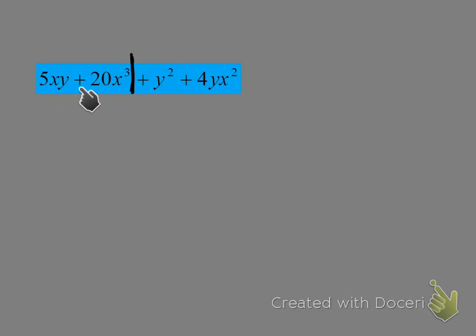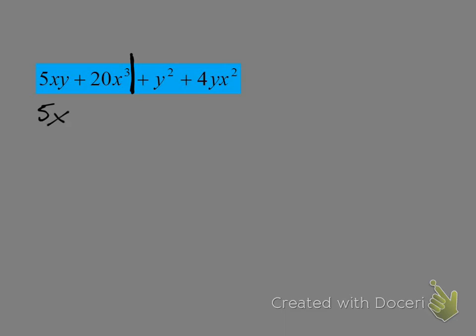5xy plus 20x cubed plus y squared plus 4yx squared. First two, 5xy, 20x cubed. GCF, what is it? It's 5.